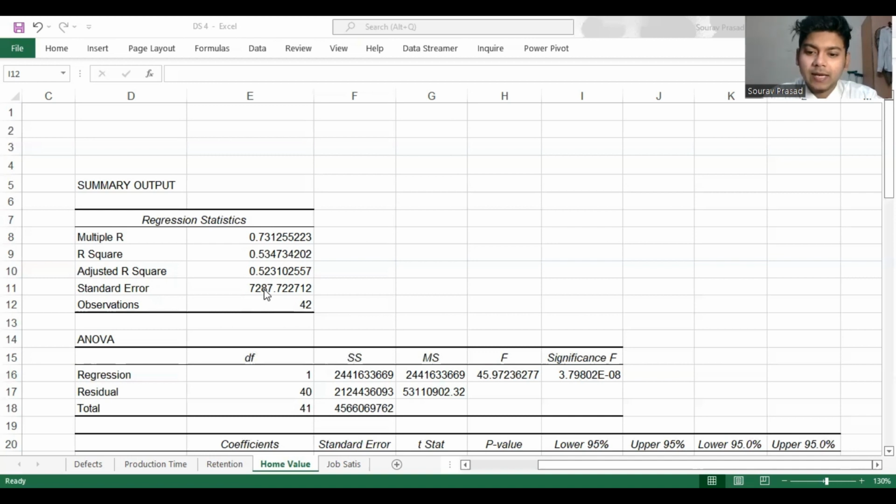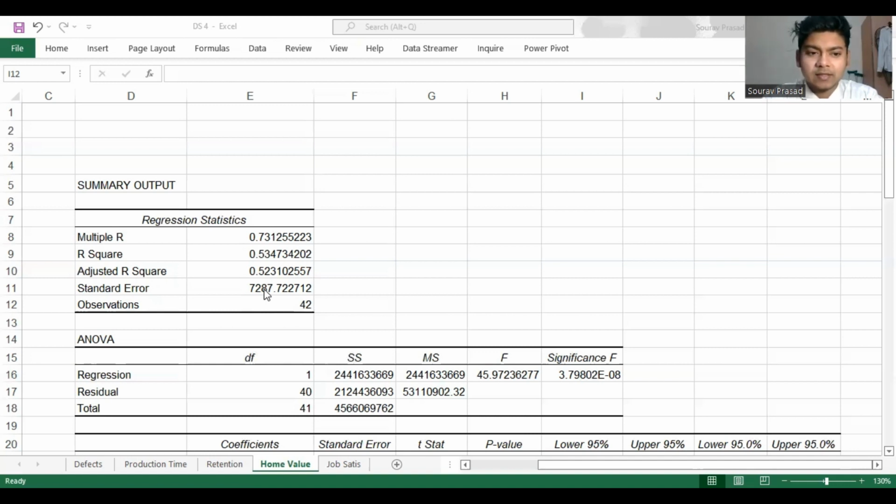Next we have the adjusted R square, which is 0.52, which is similar to the R square value but takes into account the number of variables in the model. It's slightly lower than the R square value, which means that adding more variables might not improve the accuracy of the model by much.